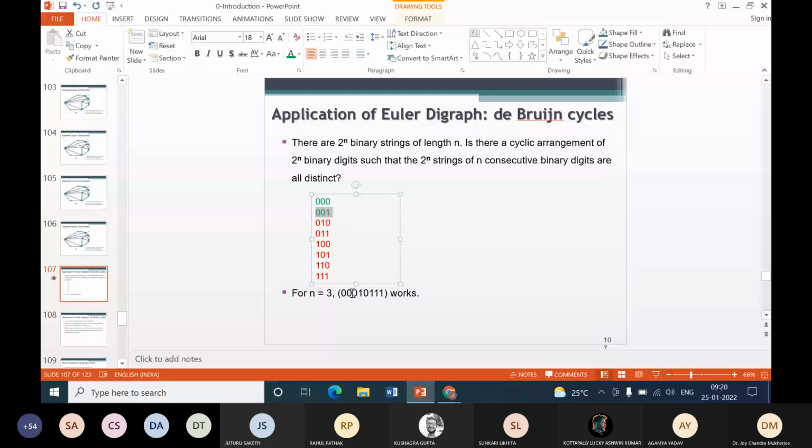After 0 1 0 it is 1 0 1. Then after 1 0 1 comes 0 1 1. Okay, so it is 0 1 1. And after 0 1 comes 1 1 1.